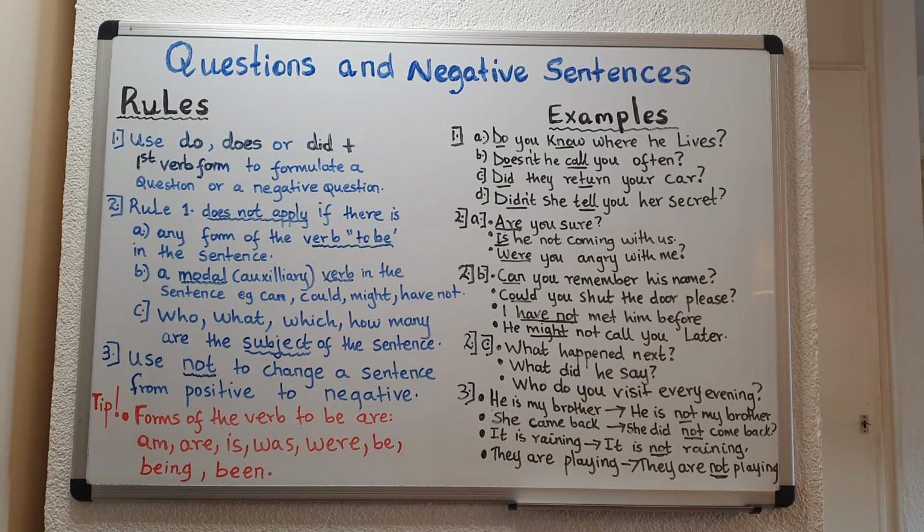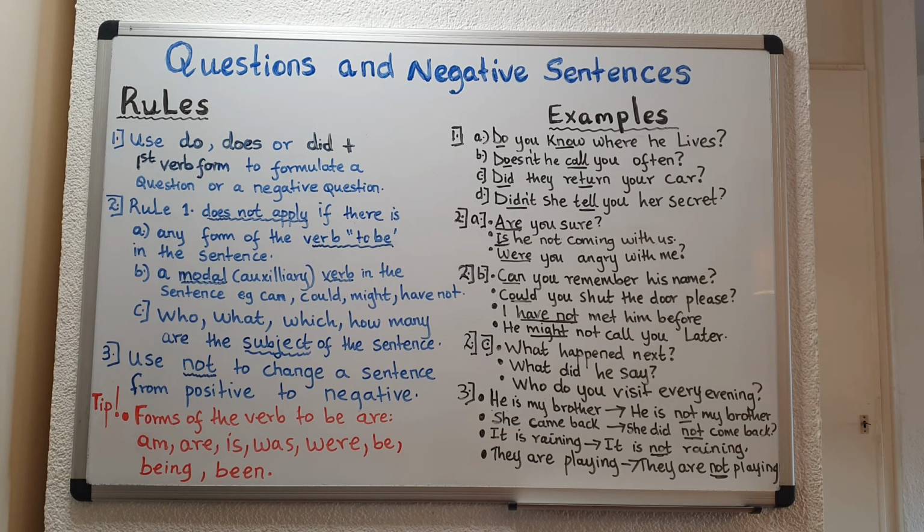The third thing is that you can ask a question in English by beginning the sentence with a modal verb, like can, could, okay? Like for example, in example 2b. And finally, you can ask a question in English by beginning the sentence with a relative pronoun, which is what we have in rule number 2C: who, what, which.